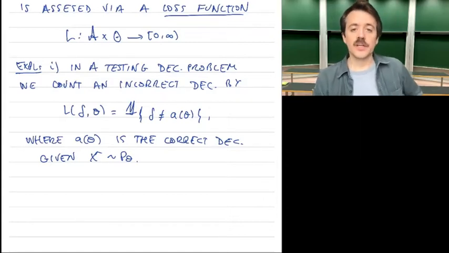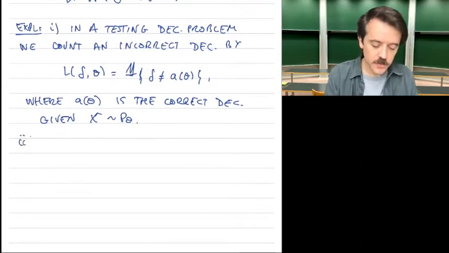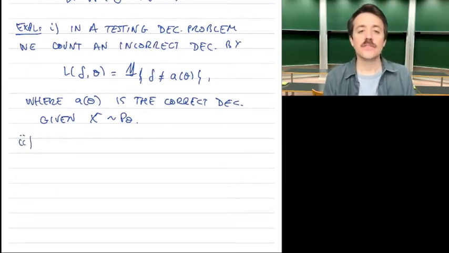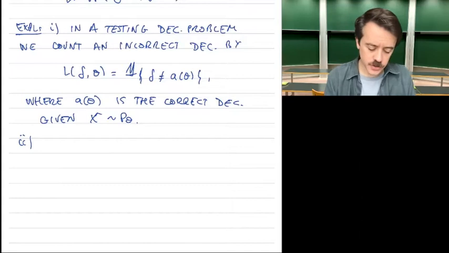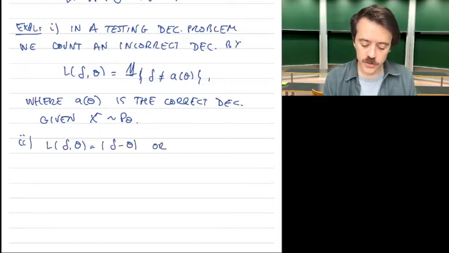Okay. So second example. Very common loss functions are the following. So we have L of delta, a theta, and we're going to take this to be the difference in absolute value, or we could also take the difference squared.